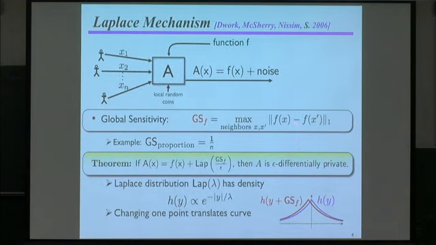That quantity is the maximum change in the vector of statistics I can get when I change one person's data, measured by the sum of the absolute values of the changes in each of the components.